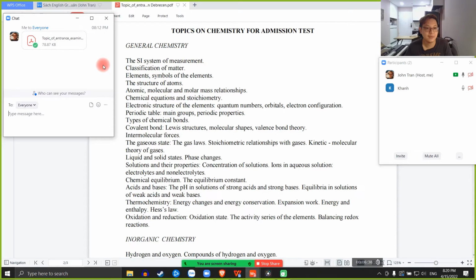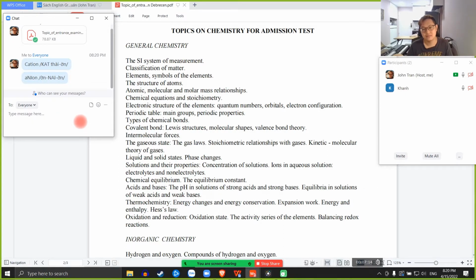Yes, in particular, how do you call a positively charged atom? A positively charged atom is called a cation. Cation. And a negatively charged one is an anion. Anion and cation.